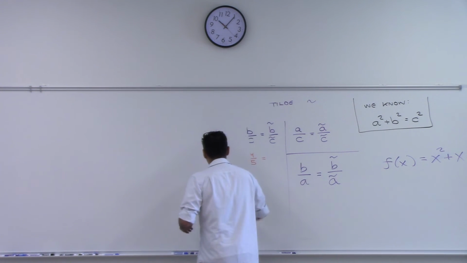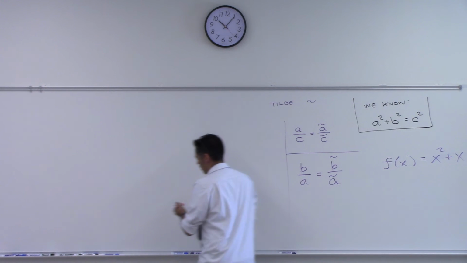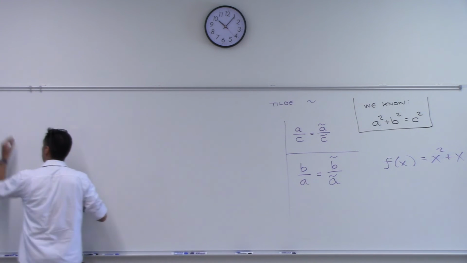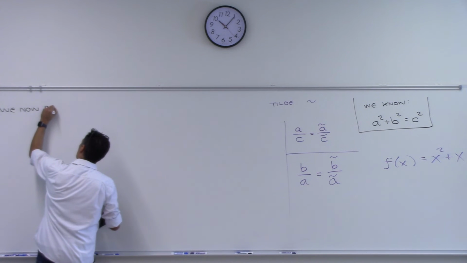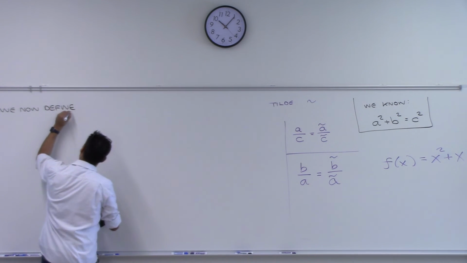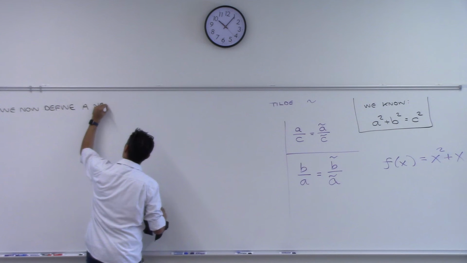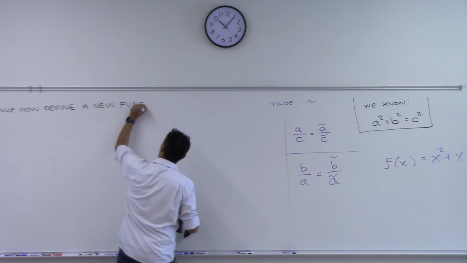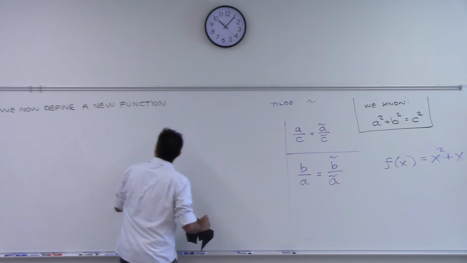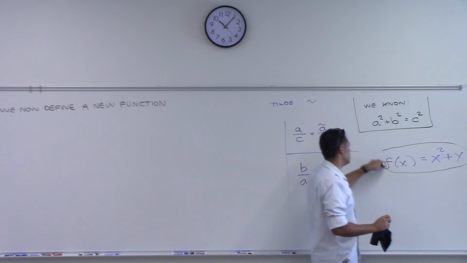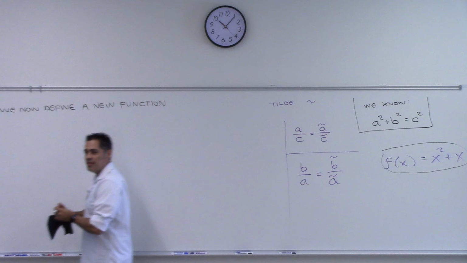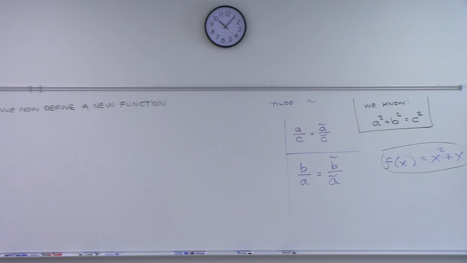So I'm about to define a function for you. We now define a new function that we can add to our list. We've learned a lot of functions. In college algebra, you learned about polynomials, rational functions, exponential functions, logarithmic functions. Now we're going to define a new function.